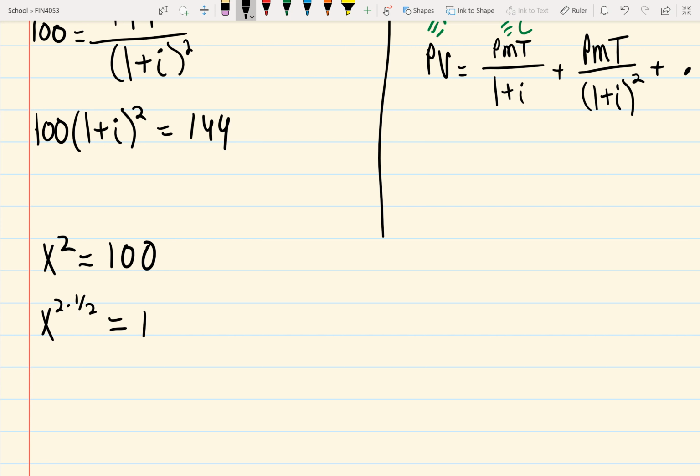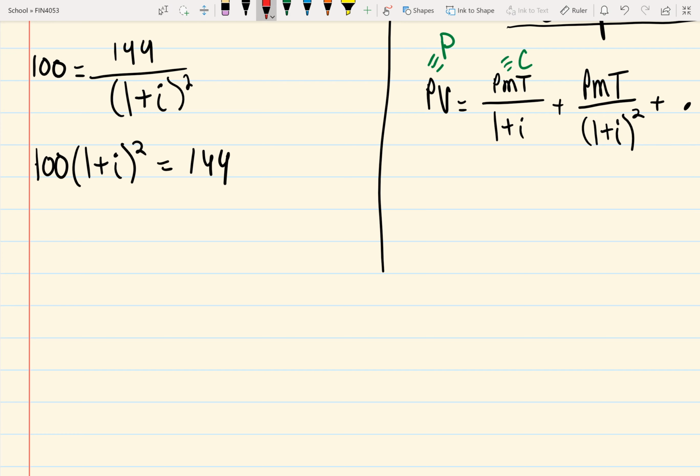And then, of course, I have to do that to 100 as well. So then I get x to the 1, which a lot of times they don't even show, but that's what it is, equals the square root of 100. That's what the exponent of a half means, equals 10. So that's the logic.